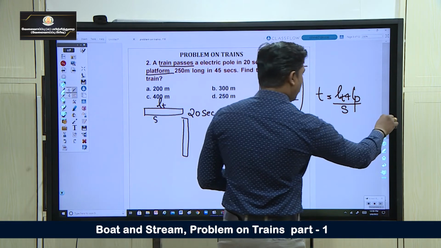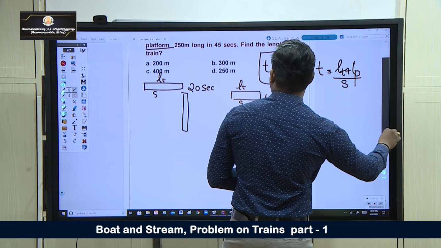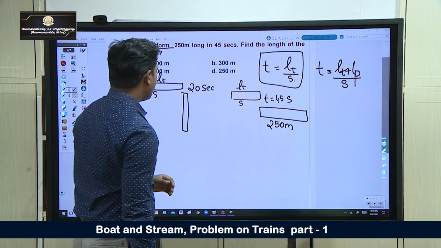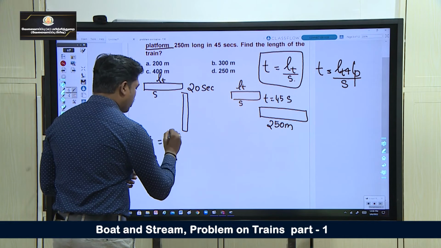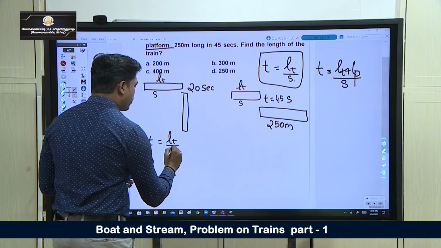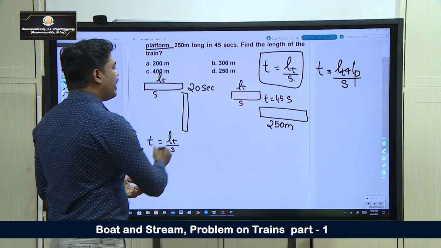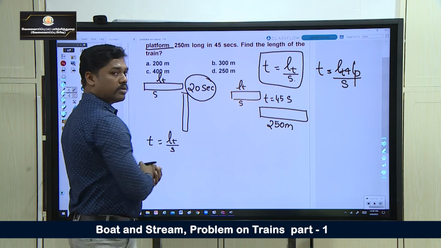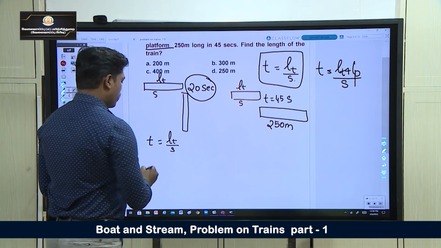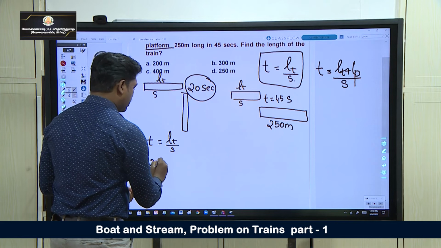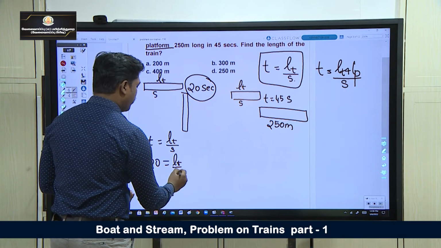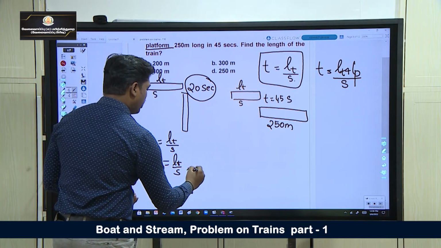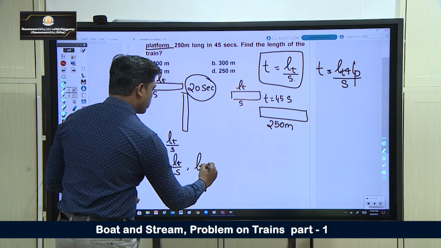So, what can we do here? Time is equal to length of train by speed of train. Here only time is known. So, 20 is equal to length of train by speed of train.